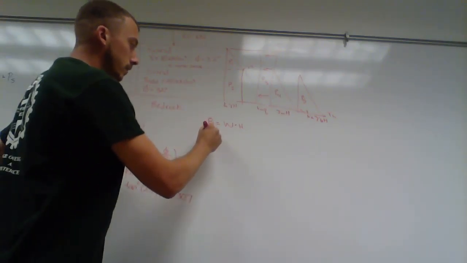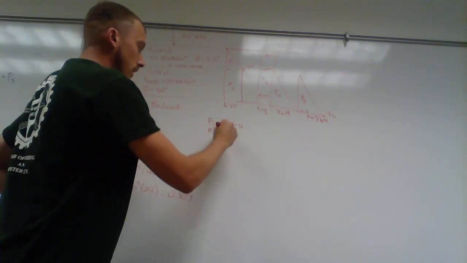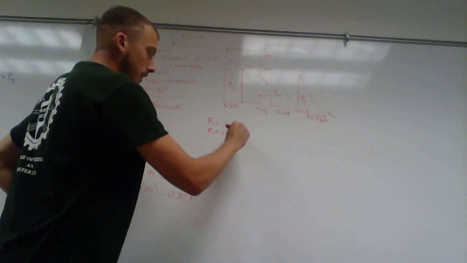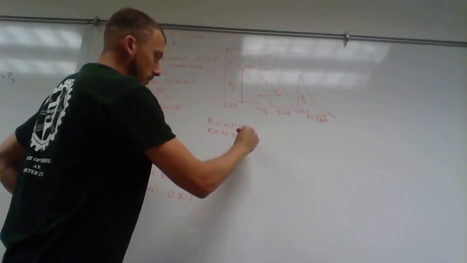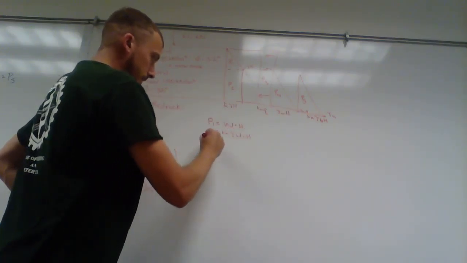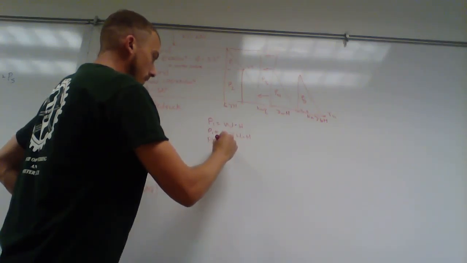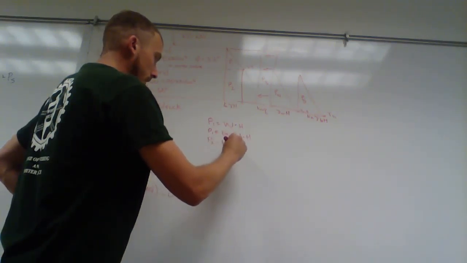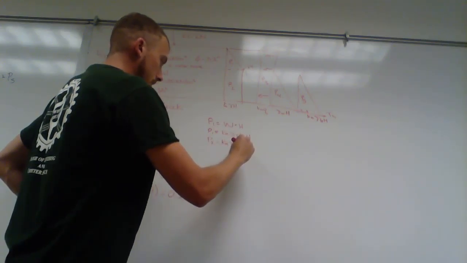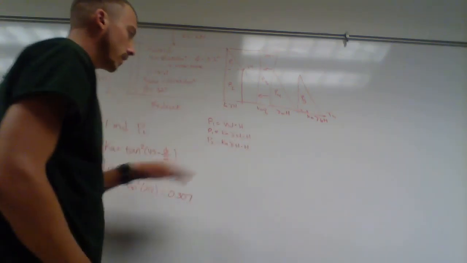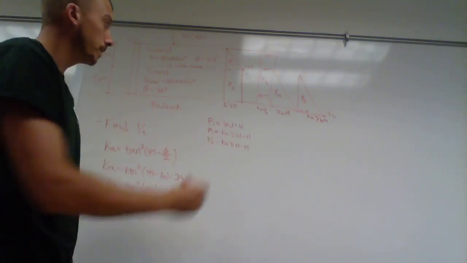So if I use this formula, P1 equals K sub A gamma H. P2 is going to be K sub A gamma H. Now right here I have a little bit of a problem.